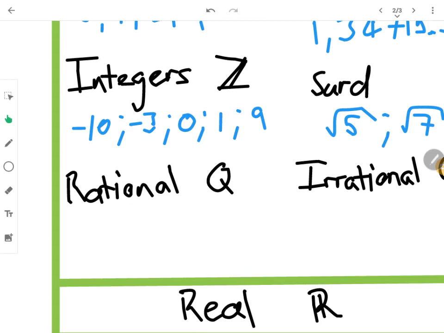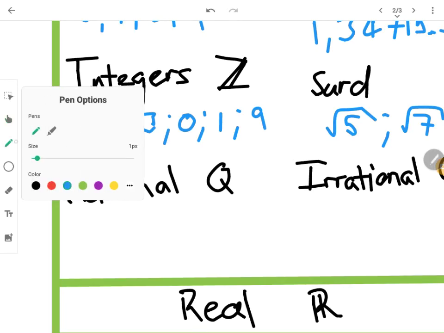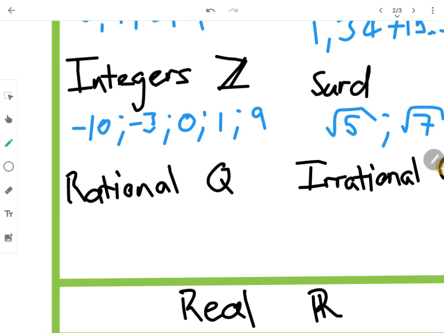These would be numbers like fractions. For example, 2 over 3 is a fraction, which is also, in this case, a recurring number. So we also have recurring numbers on the rational side.